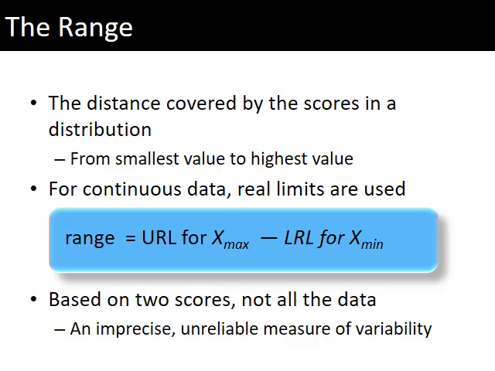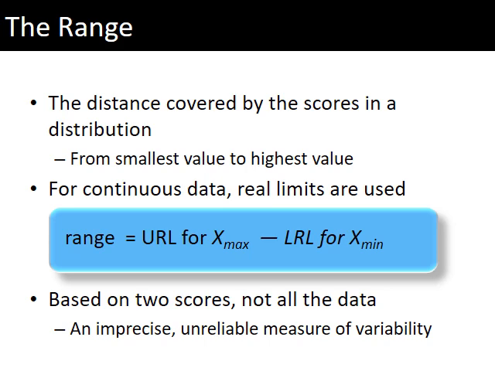Okay, the range, the first measure of variance that we're going to discuss, it's a pretty simple concept. So the range is the distance covered by the scores in a distribution, from the smallest value to the highest value. Okay, and for continuous data, real limits are used. We talked about real limits before.